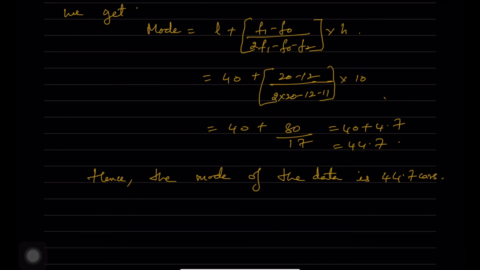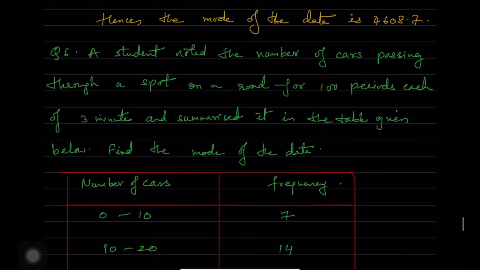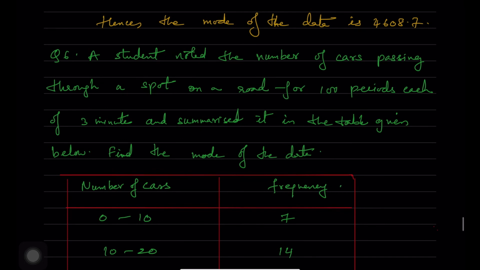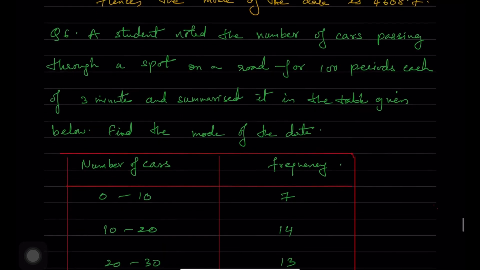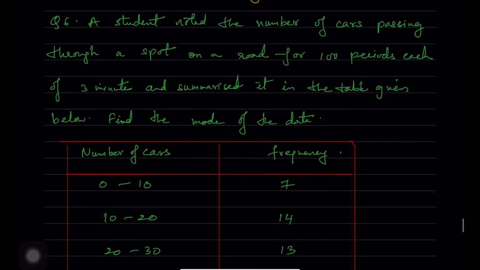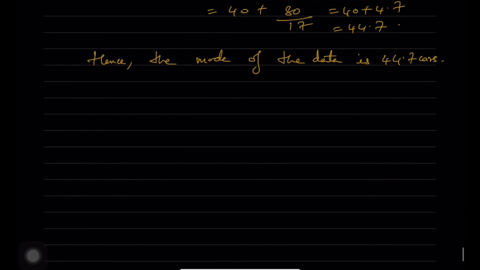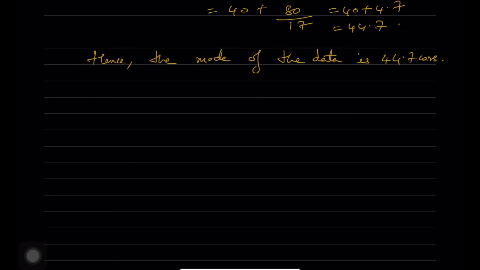So therefore, the mode of the data is 44.7. For 3 minutes the average number of cars which can pass is 44.7. The mode of the given data has the maximum frequency, so 44.7 cars were passing.